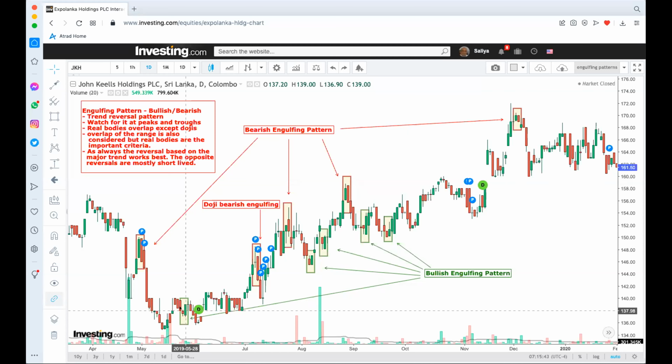There is one approach where the analyst takes the body and the entire range, including the shadows, into consideration when looking at the engulfing pattern. But in general, the most common practice is to focus our attention on the bodies only, right?